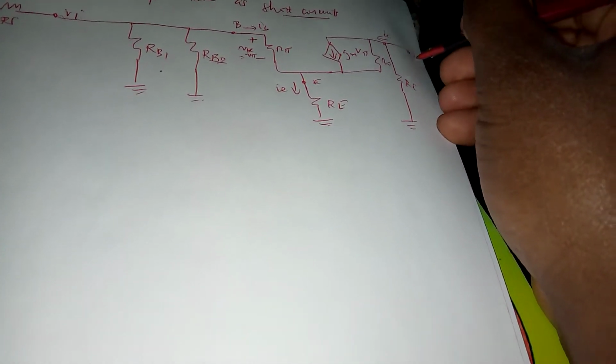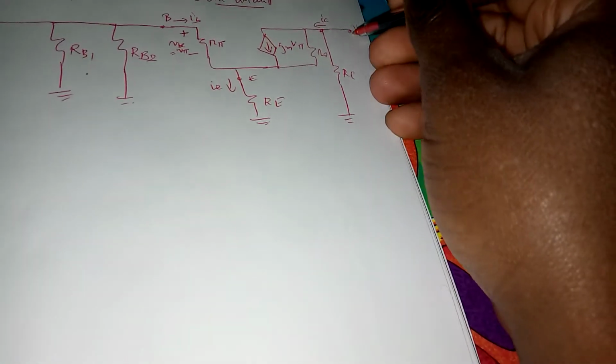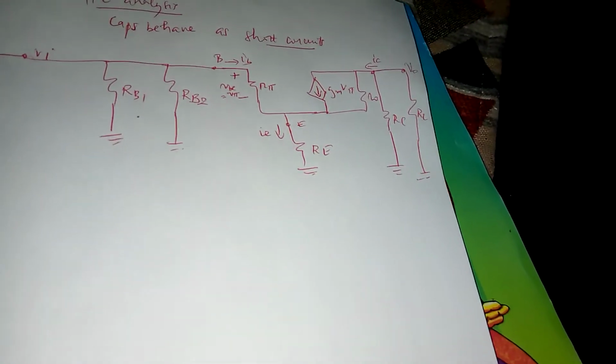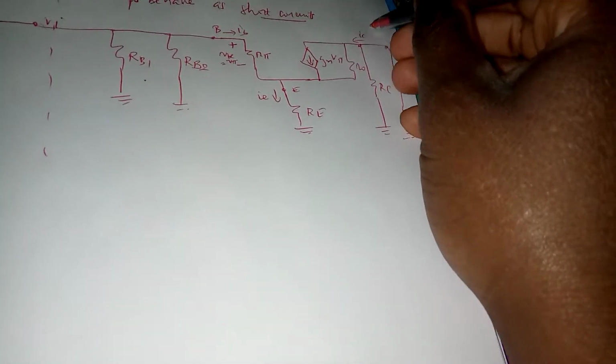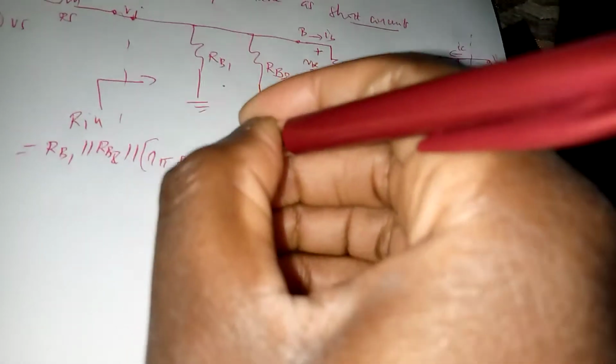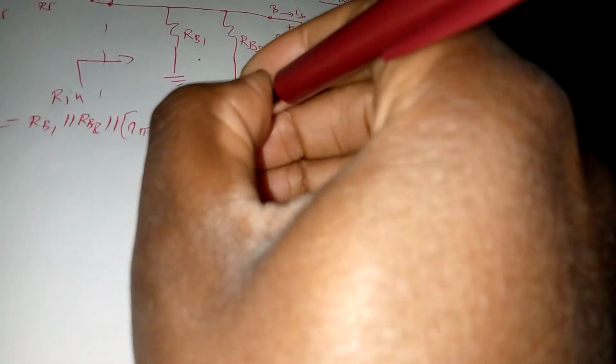Then we've got V out that can be loaded in some conditions depending on what type of load we're looking at. We've got our VI point and our V out point. In terms of VI, we've got R in, the input resistance as measured from that point to ground, which would be RB1 in parallel with RB2 in parallel with R pi plus RE times beta plus 1.